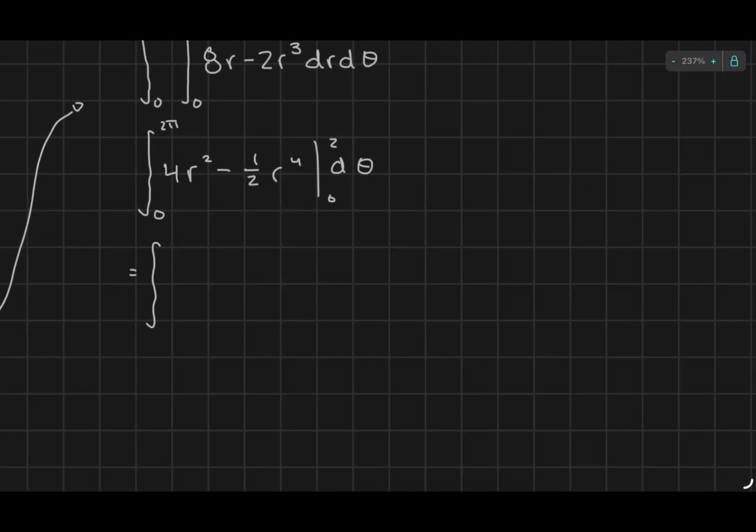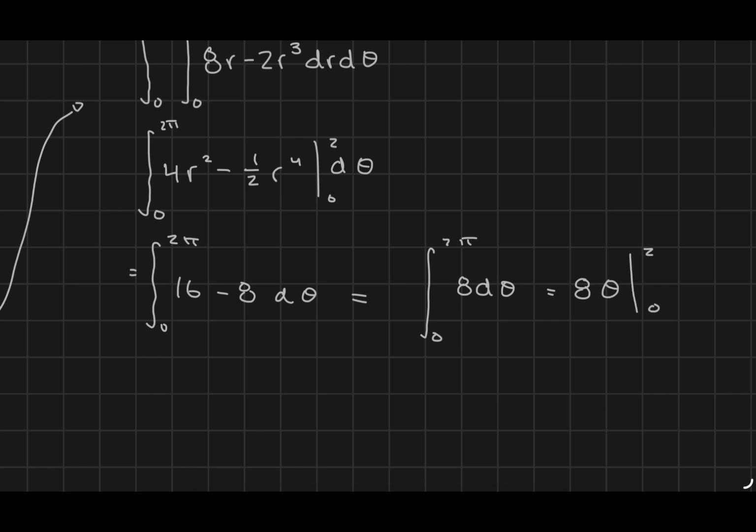That's the integral from 0 to 2 pi of 4 times 4, which is 16, minus 8, d theta, which equals the integral from 0 to 2 pi of 8 d theta, which equals 8 theta from 0 to 2 pi, which equals 16 pi.